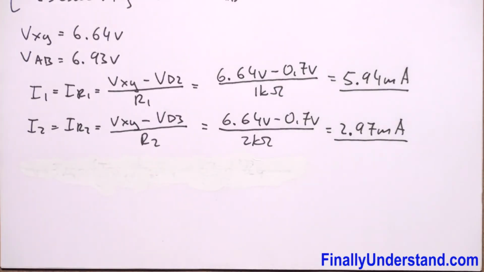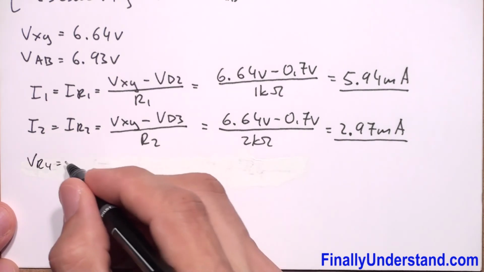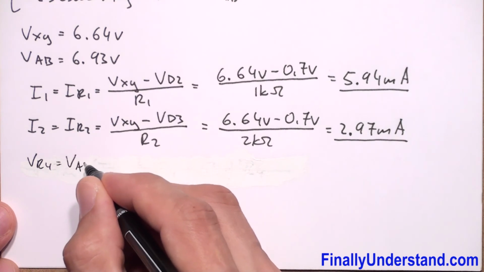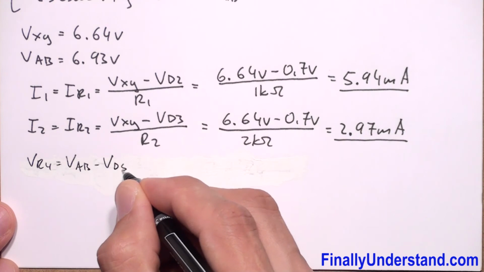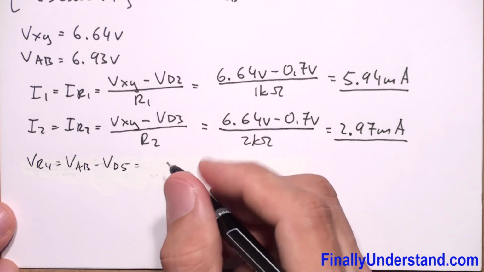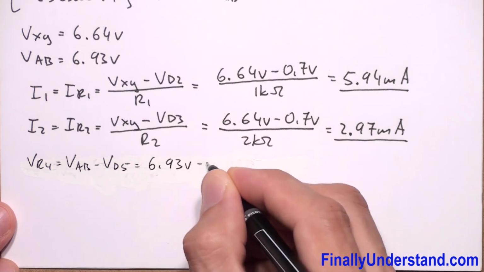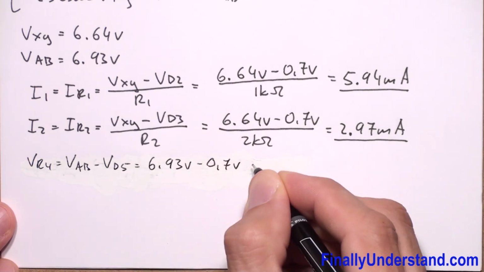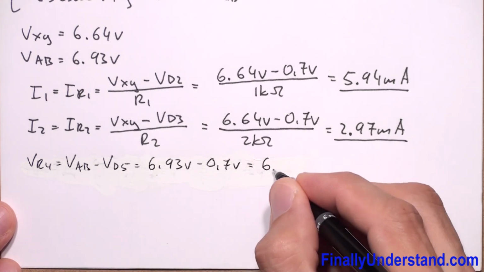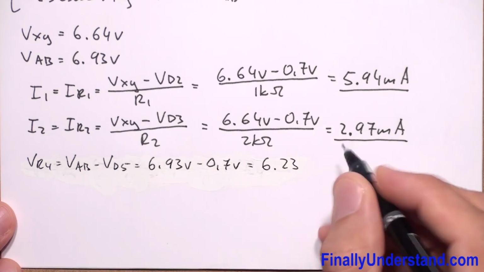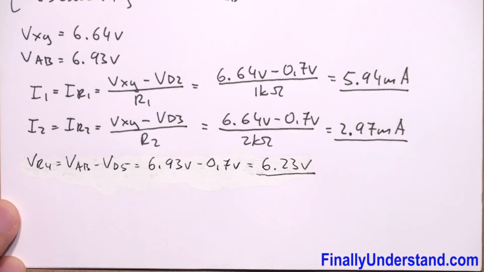So we can say that VR4 is equal VAB minus VD5. Okay, so VAB is equal 6.93 volts minus 0.7 volts. Okay, this is equal 6.23 volts. Okay, so this is the voltage across resistor R4.